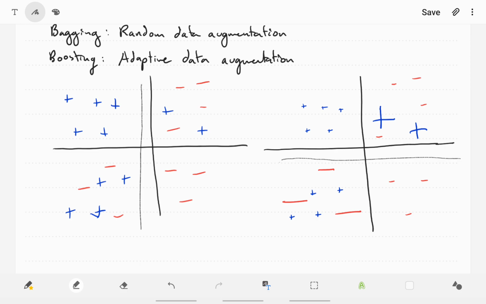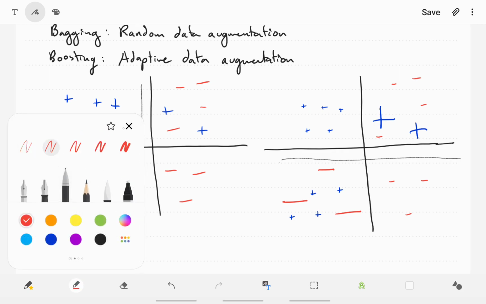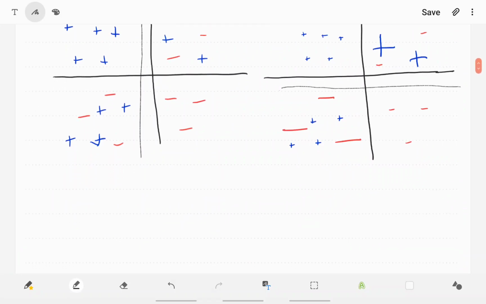Now, how do we aggregate in boosting? Well, it's going to be the same as how we aggregated in bagging. It's going to be a weighted average or a weighted sum of the different classifiers.